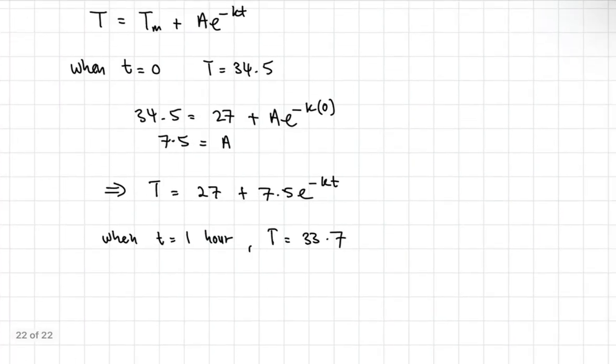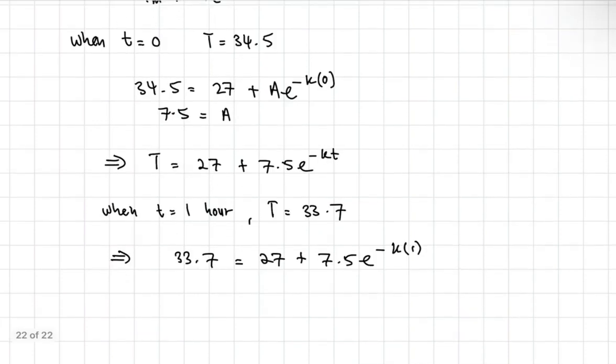This implies 33.7 equals 27 plus 7.5 exponent minus K multiplied by 1. So 33.7 minus 27, which is 6.7, equals 7.5 exponent minus K.